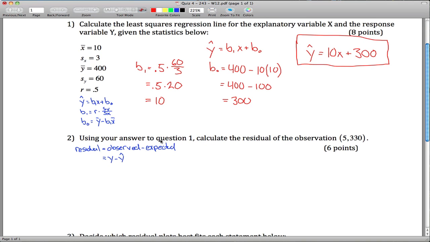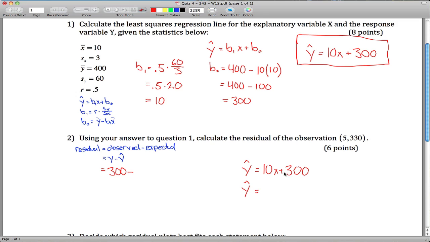Question 2: using your answer to question 1, calculate the residual of this observation. What this is saying is that we have an observation, and when the x value is 5, the y value is 330. So our residual is y minus y hat, so it's 330 minus y hat. We just have to figure out what y hat is. In part A we figured out y hat is 10x plus 300.